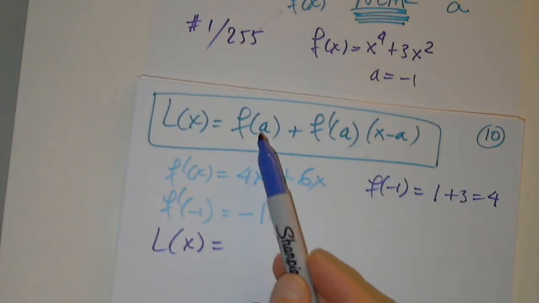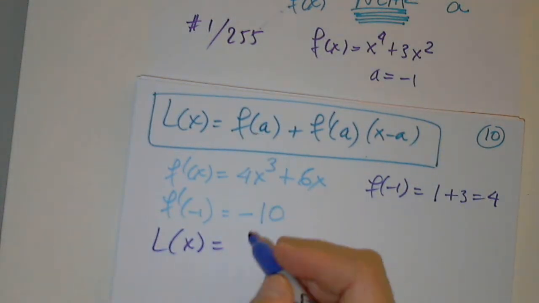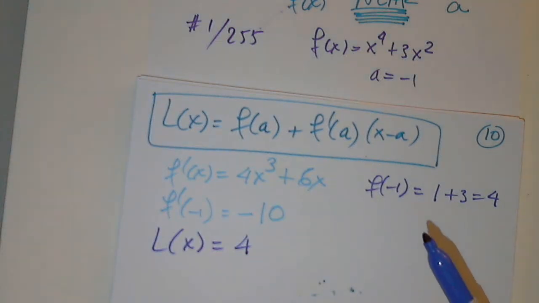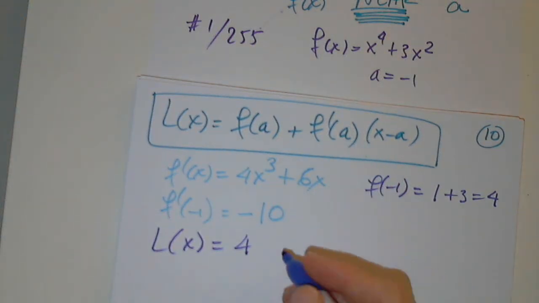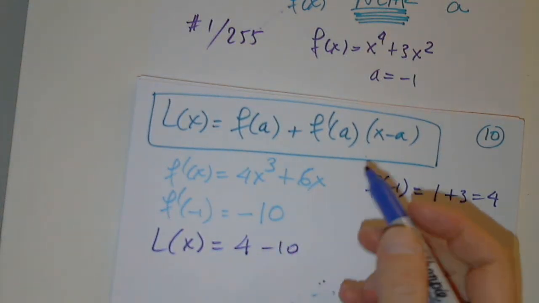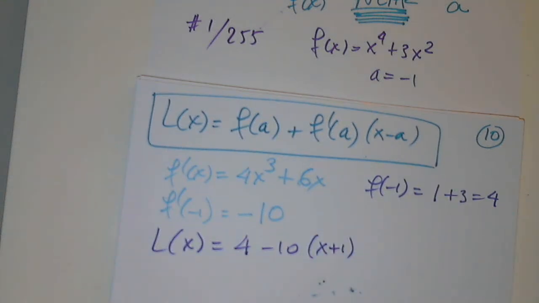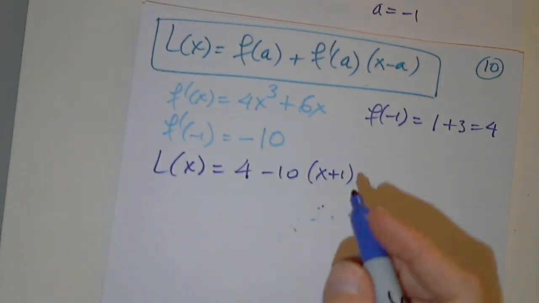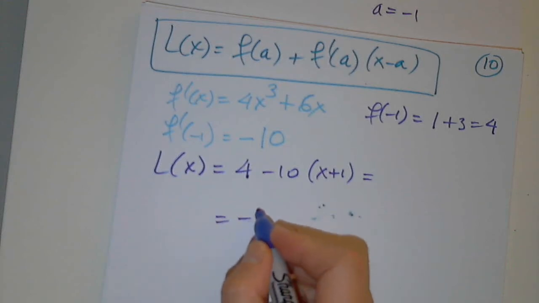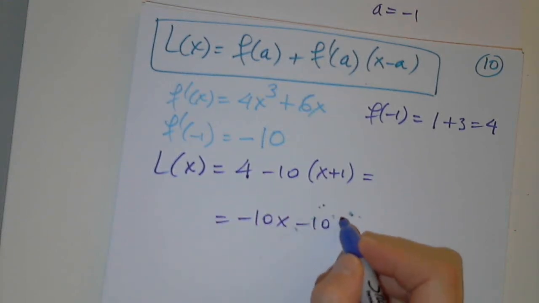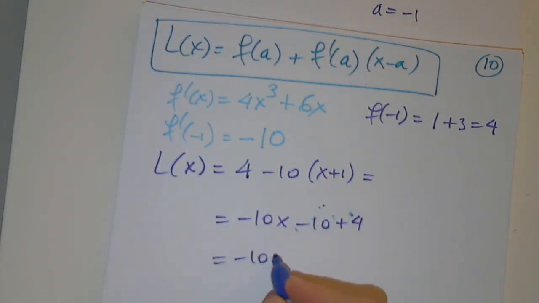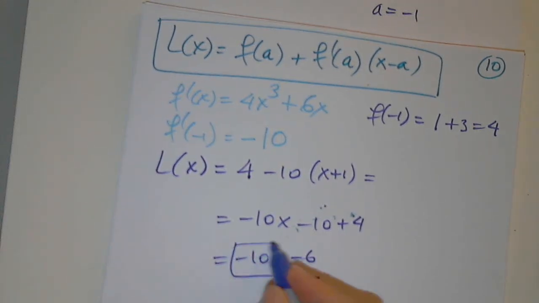Okay, so then I have to copy f of -1, which is 4, plus f prime of a, which is -10 in this case, times x plus 1. As expected, it's a linear function, it has to be. So -10x minus 10 plus 4, -10x minus 6.